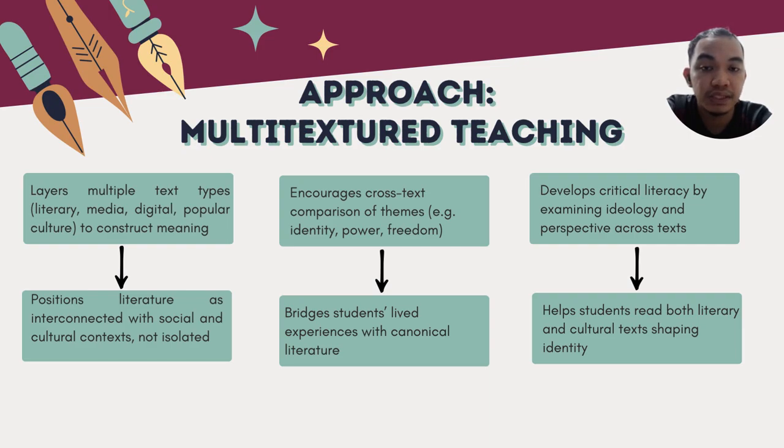And this strategic layering allows students to explore themes such as racial identity, freedom, and moral growth across historical and contemporary contexts, of course. And as Beach in 2011 argued, such an approach will help students to critically read not only literary texts, but also the cultural texts that shape their own identities.